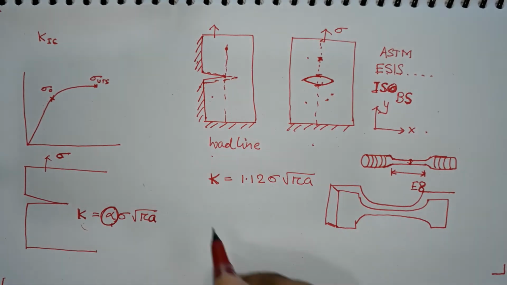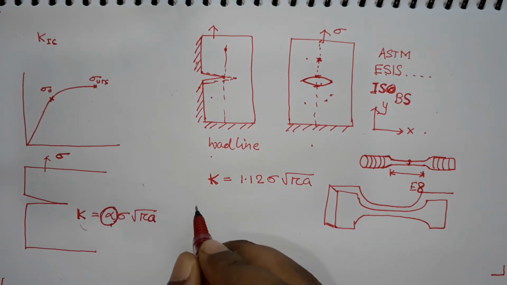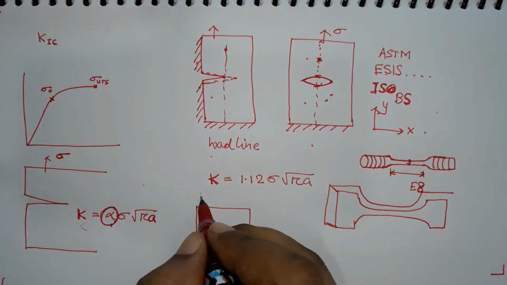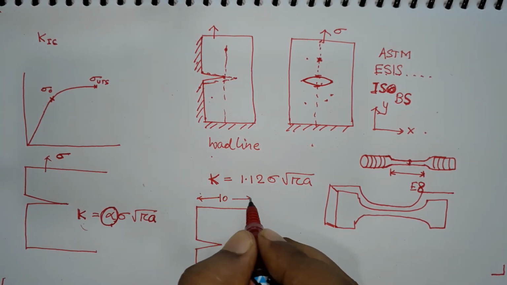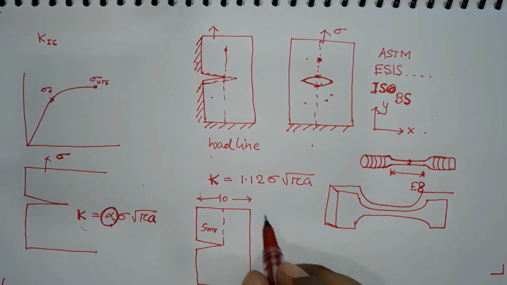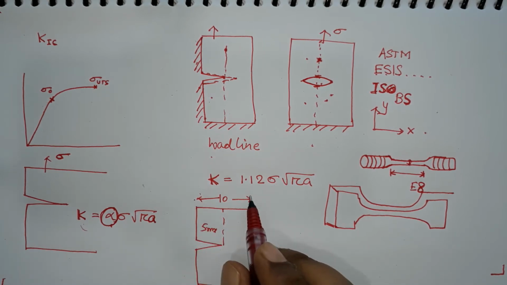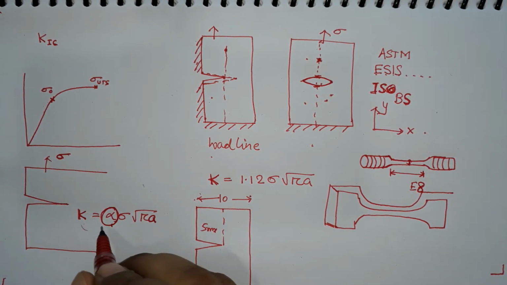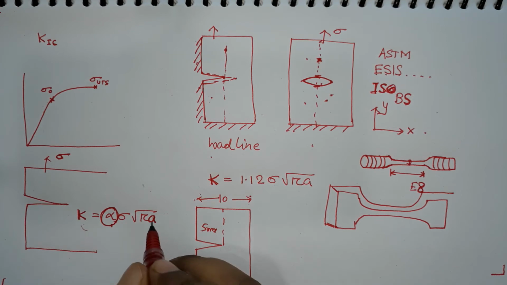So, let me explain that part in a little more detail. For instance, this is my specimen where this is 10 mm and the crack is 5 mm deep. Okay. So, you can have another specimen where this is 12 mm and this is 6 mm, but those two specimens will be the same as far as crack geometry is concerned, although the crack length is different.